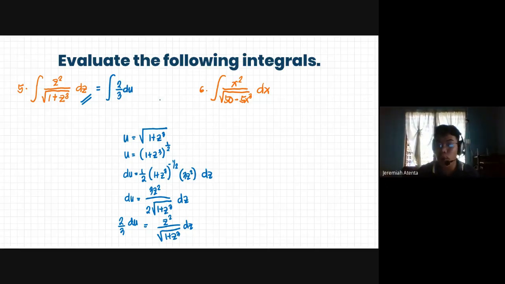Okay lang ba? Can you still follow? Okay. Now from that, we now have 2/3 integral of du. Right? And what is the integral of du, guys? 1 du yan. Integral of 1 du. Ano nga yung integral ng 1 du?